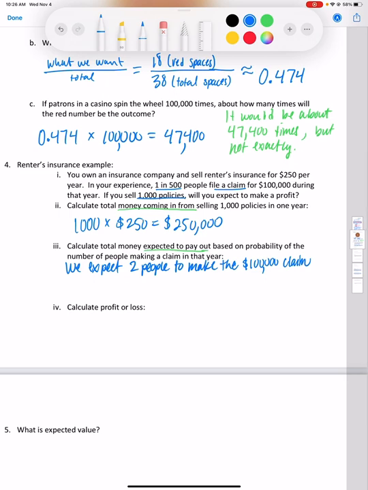Okay, so that would be 2 times 100,000, which will equal 200,000.